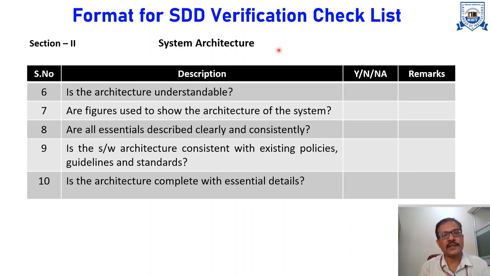Under system architecture, we may ask questions like these. Is the architecture understandable? Are figures used to show the architecture of the system? Are all essentials described clearly and consistently? Is the software architecture consistent with existing policies, guidelines, and standards? Is the architecture complete with essential details?